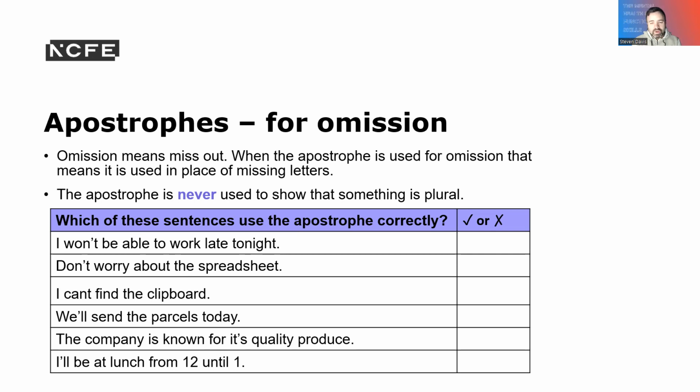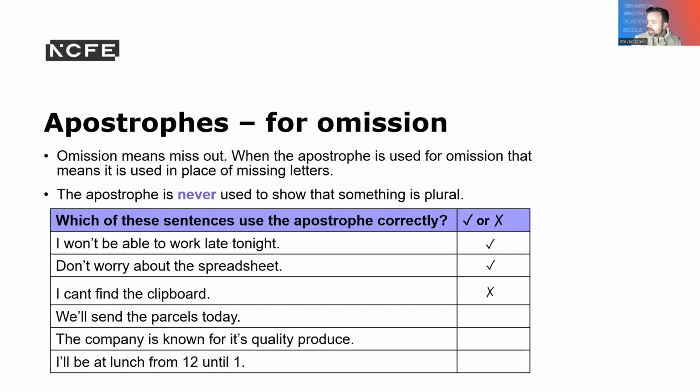Okay, so which of these statements uses apostrophes correctly? I won't be able to work late tonight. You think that's correct? Yeah, that's fine. Don't worry about the spreadsheet. Yeah, that's right. So I can't find the clipboard, so that's not right because we should have one there.